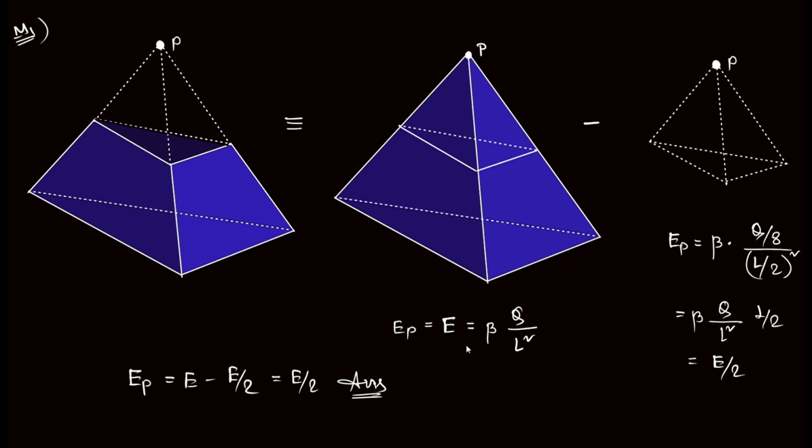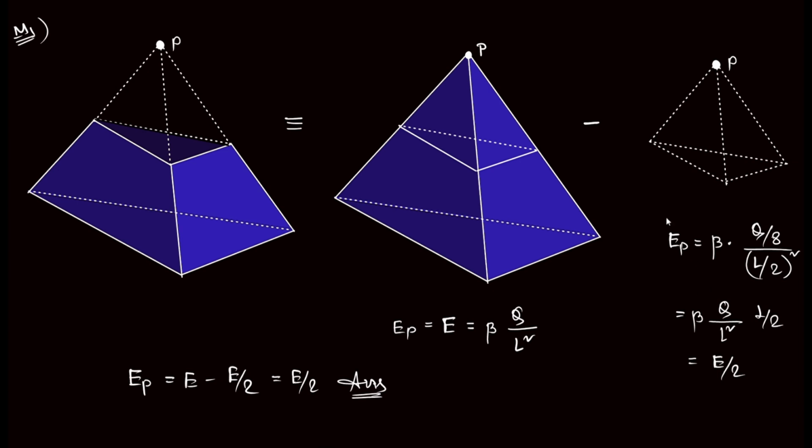Now, as the structure is looking similar, we can say that the field at this point of this smaller tetrahedron will also look similar to this. The beta constant will also be the same here.